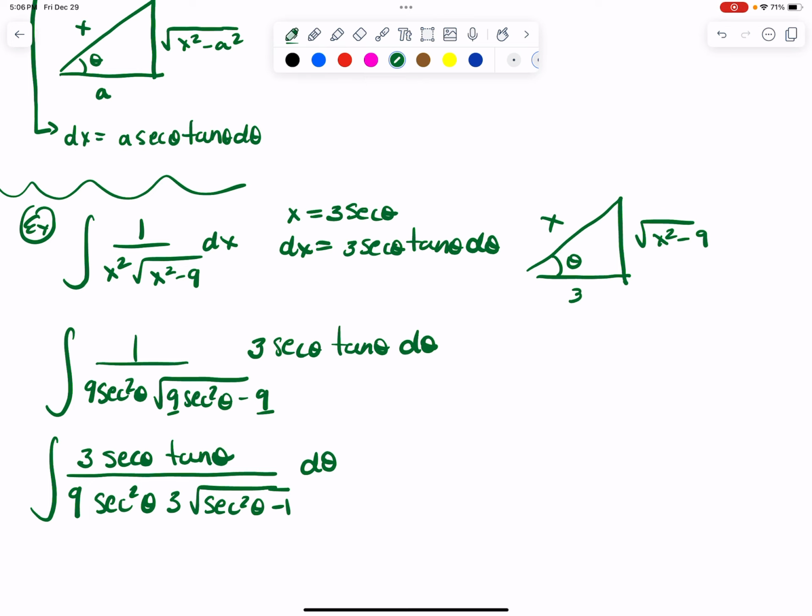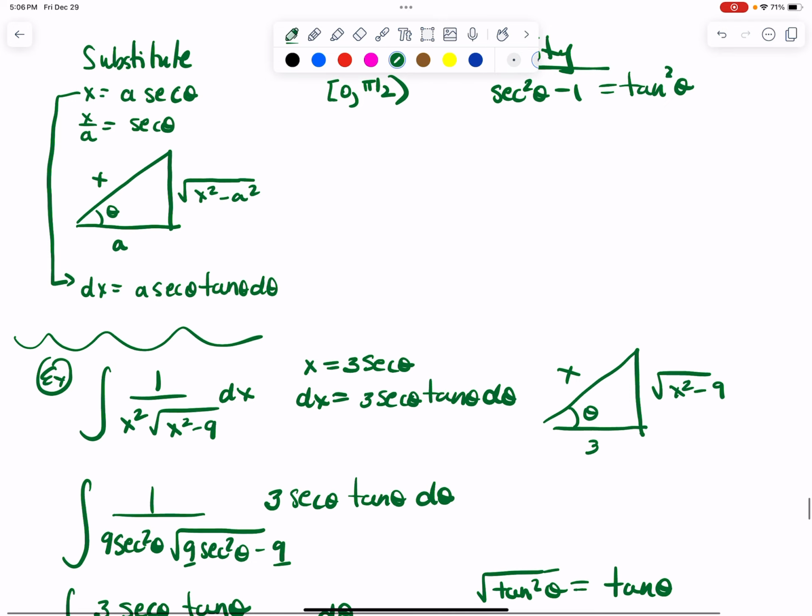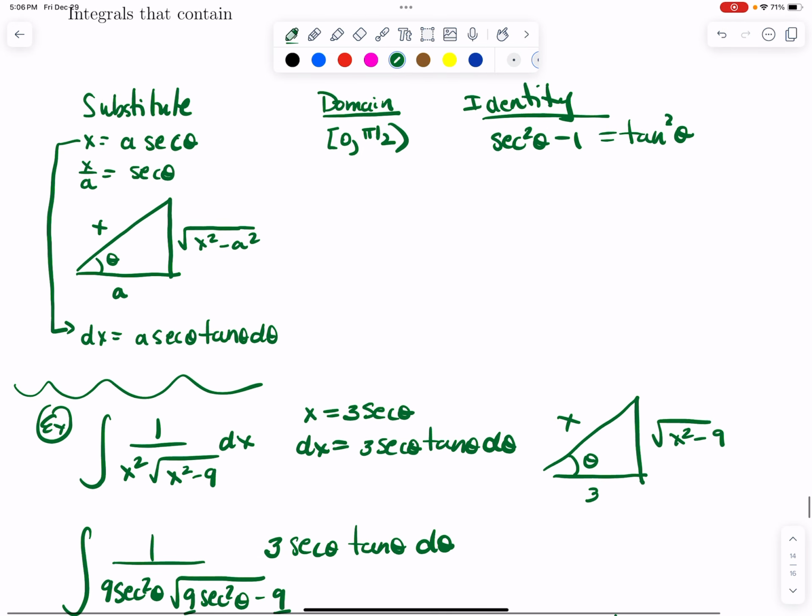Now we're going to use that identity and we're going to replace that with tangent squared. And note that the square root of tangent squared theta is the absolute value of tangent theta, but is equal to tangent theta when tangent is positive, which it is from 0 to pi over 2.